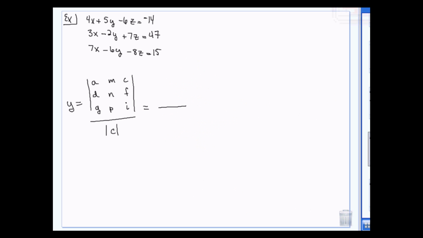We're going to do y. And remember, we already found this. Yay, that part's done. So 4, 3, 7, negative 14, 47, 15, and then negative 6, 7, negative 8. So I rewrite those first two columns.